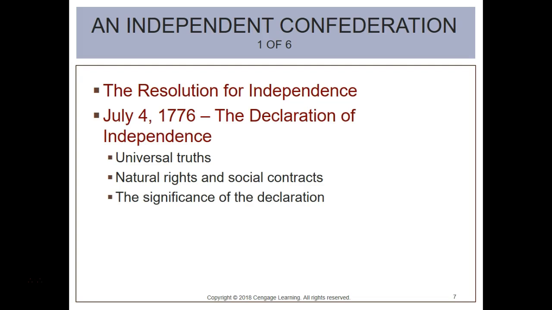All right, let's skip ahead a little bit. Let's go to the Declaration of Independence. We all have studied this a lot, probably, in some of your earlier classes, especially in high school, civics, and whatnot. It does contain universal truths.